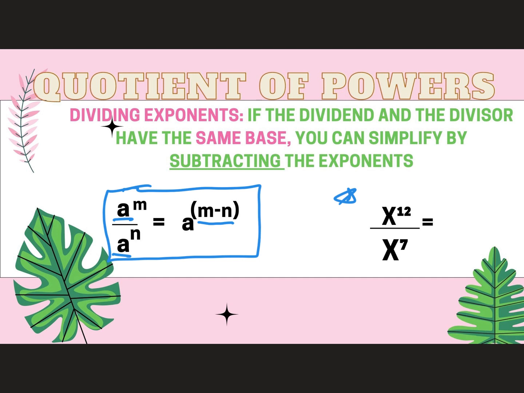I can use my quotient of powers rule. Rule says same base. I have base of x. And I must subtract my exponents, 12 minus 7. So what does that reduce to? I have x to the 5th.